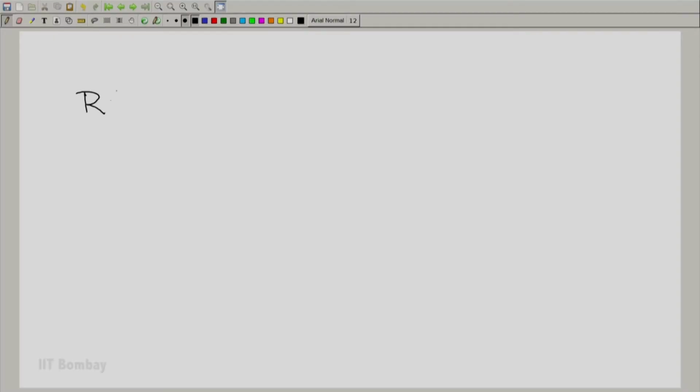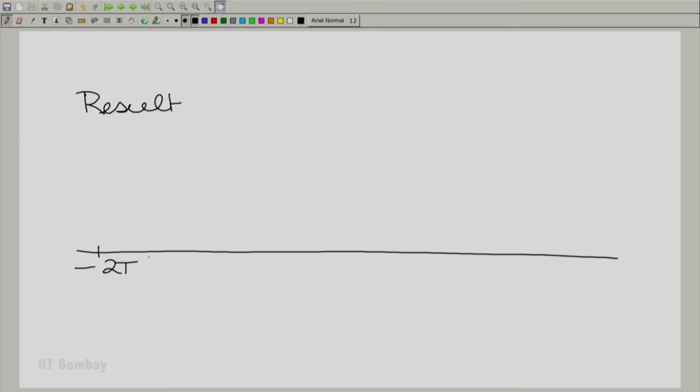I would not do this whole thing, we have done it before, and I will straight away write down the result. The result is as follows. Of course, the first thing is that the result would extend from minus 2T to plus 2T. It will also result in a straight line, and at the maximum you are going to have a total area of A squared over a length of 2T.